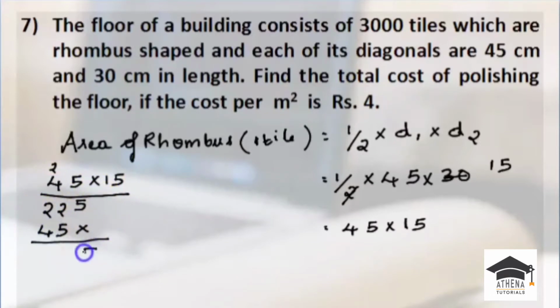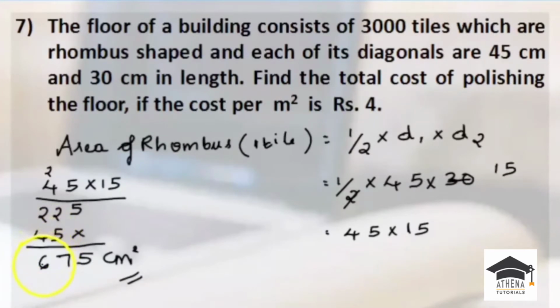So this is 5, 5 plus 2 is 7, 4 plus 2 is 6. So 675 centimeter square. So the area of one tile is 675 centimeter square.